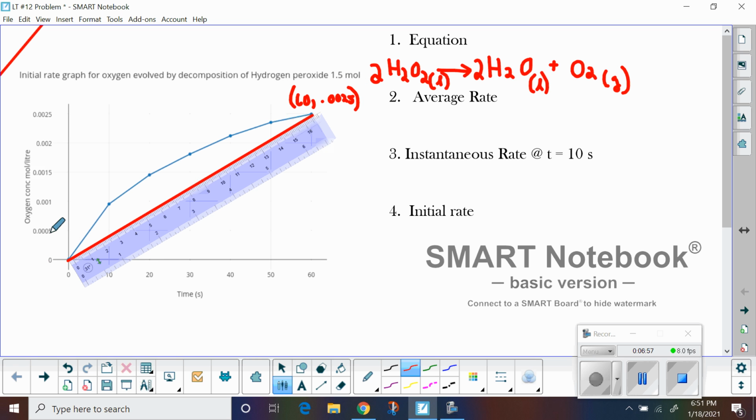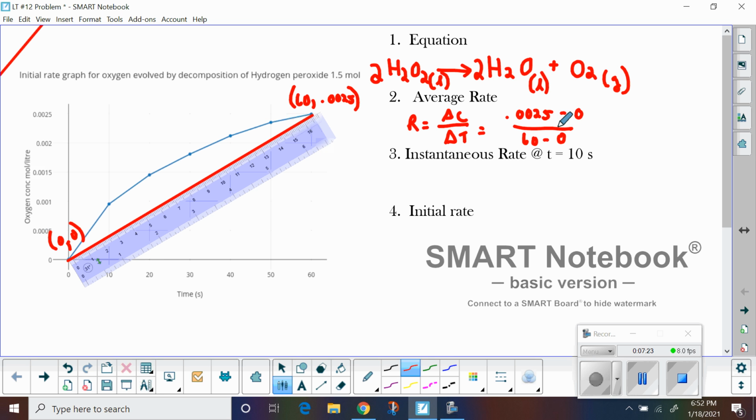And this is going to be 0, 0. So my average rate is going to be the change in concentration divided by the change in time, which is going to be the 0.0025 minus 0, all divided by 60 minus 0.